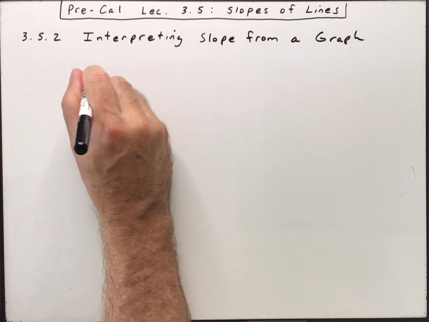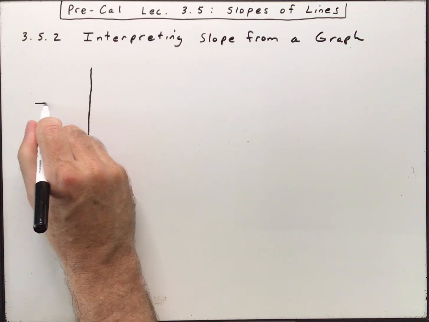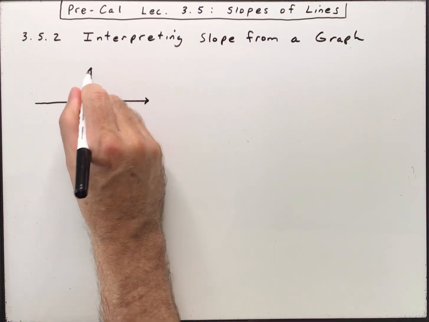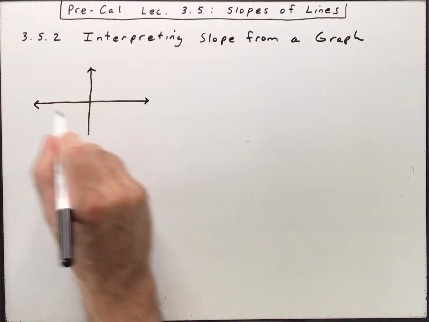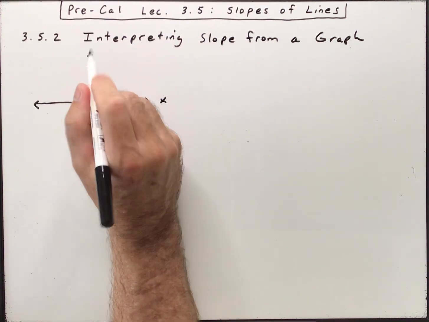Okay, let's give you some examples here. So I'm going to draw 4 different graphs, coordinate plane, the x and the y axis.